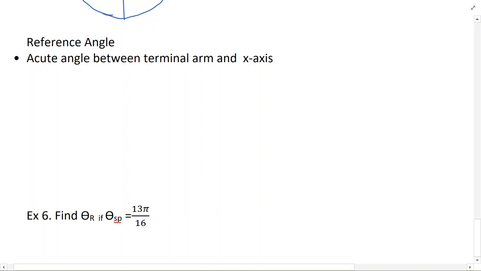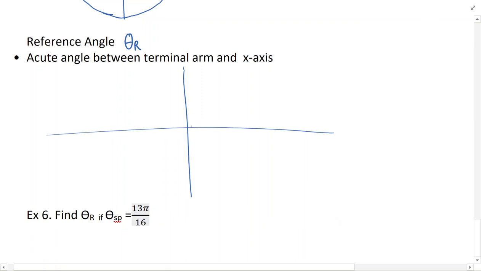This is something that you also have looked at before in Pre-Calc 11. So with reference angle, usually it's represented by theta and then a letter R to represent reference angle. So I'm just going to draw on the quadrants just for your reference.